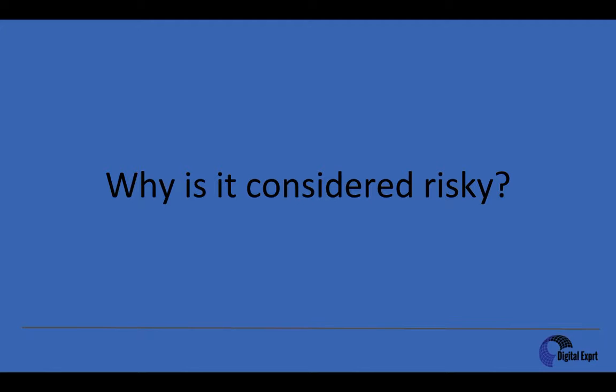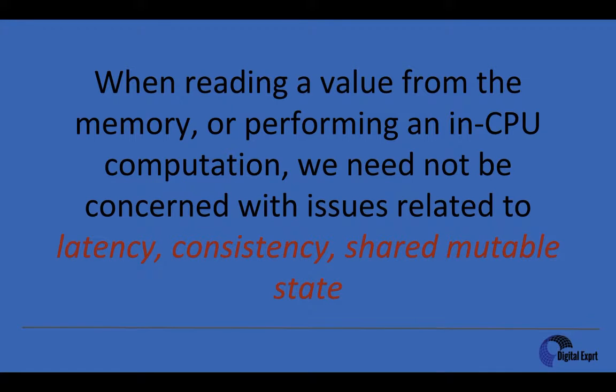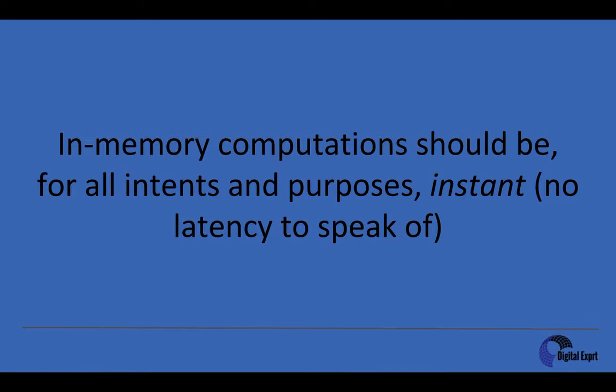So when we are reading a value from the memory, if we are fortunate to have the entire processing happening locally, meaning we are performing an in-CPU computation, then we need not be concerned about these issues typically. We can say, yeah, but I'm not worried about latency or consistency of my data or shared mutable state. I think I'm safe. And that is a pretty truthful statement, because in-memory computation should be instant.